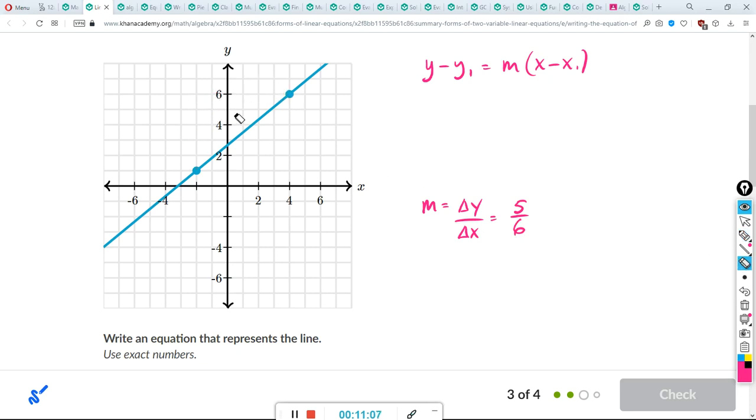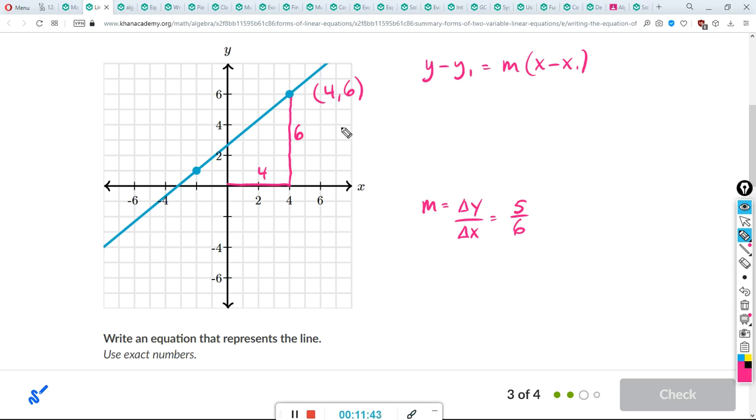Now you need only get 1 point. You can get either point and plug it in. So I'm going to get this one here because it's positive. I'm going to go 1, 2, 3, 4. I went right 4, so the x coordinate is 4. And then up 1, 2, 3, 4, 5, 6. I went up 6, so it's positive 6.